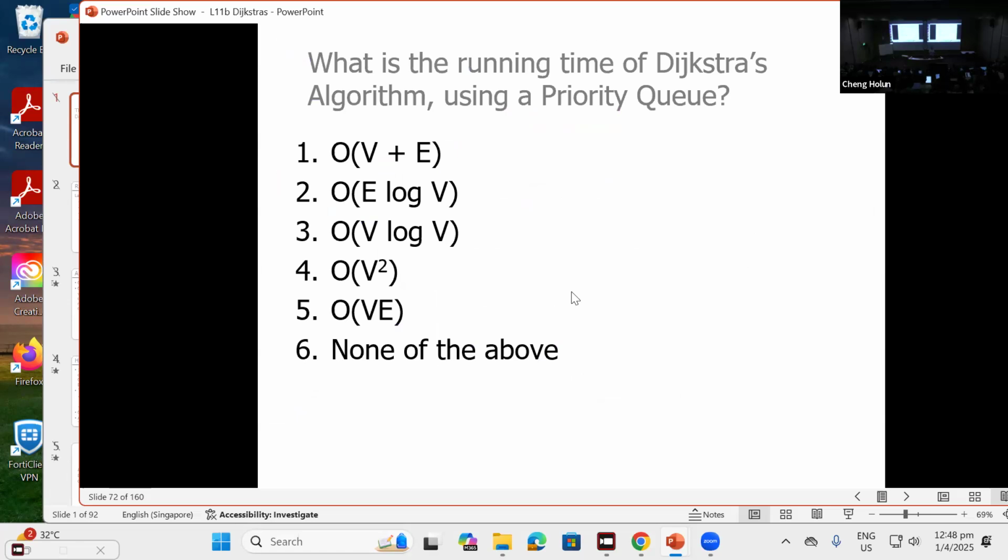Okay, what is the running time of Dijkstra now? Actually, what are the complicated operations? Extract min and decrease key, right? How many extract mins do you need to do?